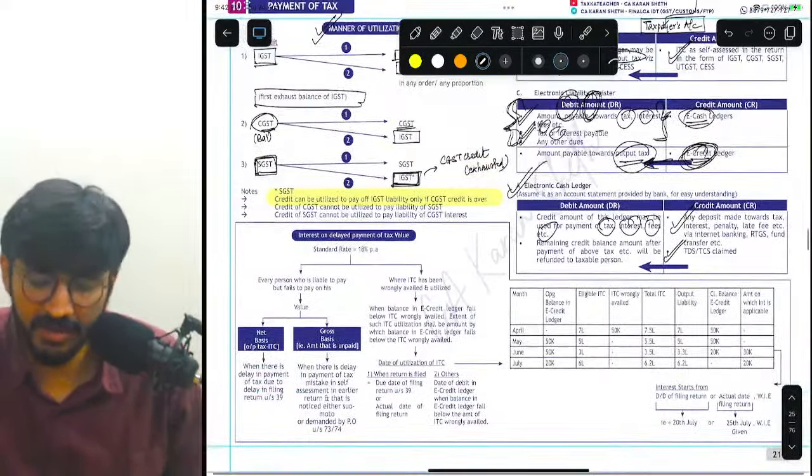So April was the tax period. I was supposed to file GSTR-3B for that on 20th May, but instead of filing on 20th May, I filed it on 20th July. So have I filed a delayed return? Yes, sir.